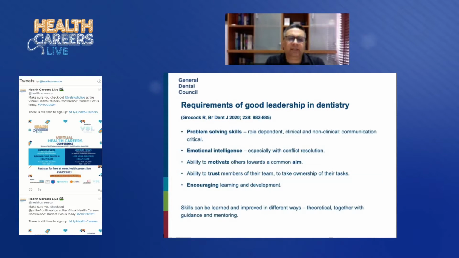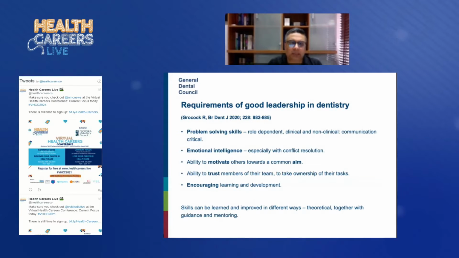So what does it take to present good leadership in dentistry? What sort of skills are required? Well, I think there's 5 key areas, if you like. One is having problem-solving skills. Now, within dentistry, there are a large number of roles, and we can broadly classify these as clinical and non-clinical.